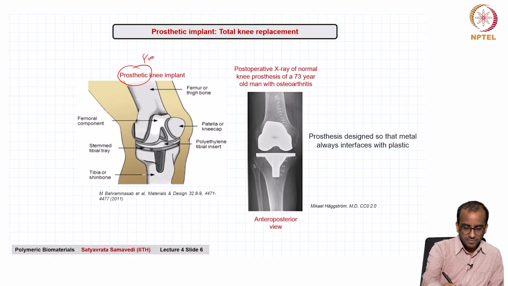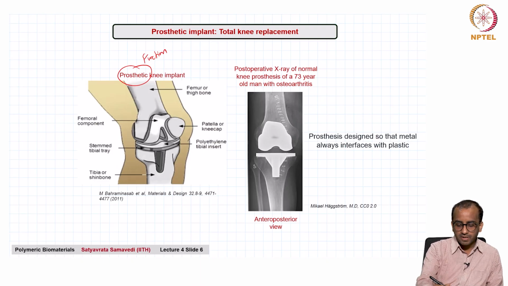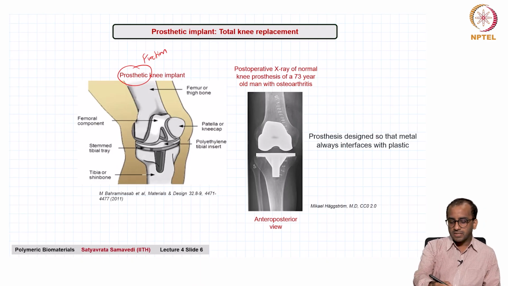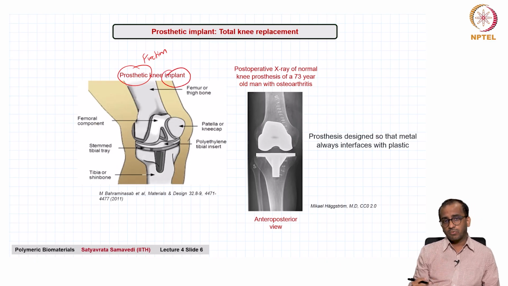As we saw earlier, the total knee replacement or a total knee prosthesis is a device where it serves to replace the knee itself and the function of the knee, but it has to be implanted. So it requires surgical intervention, and it has a lifetime, and if required, it might require revision or correction later, as the case may be.